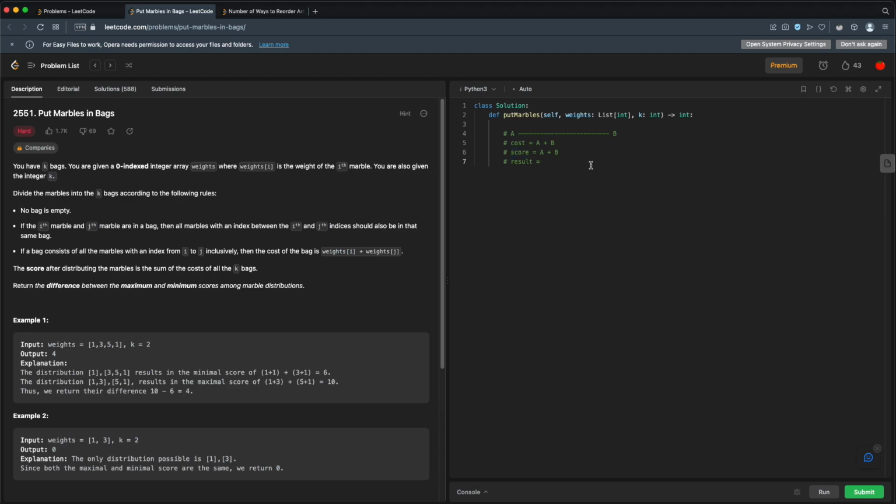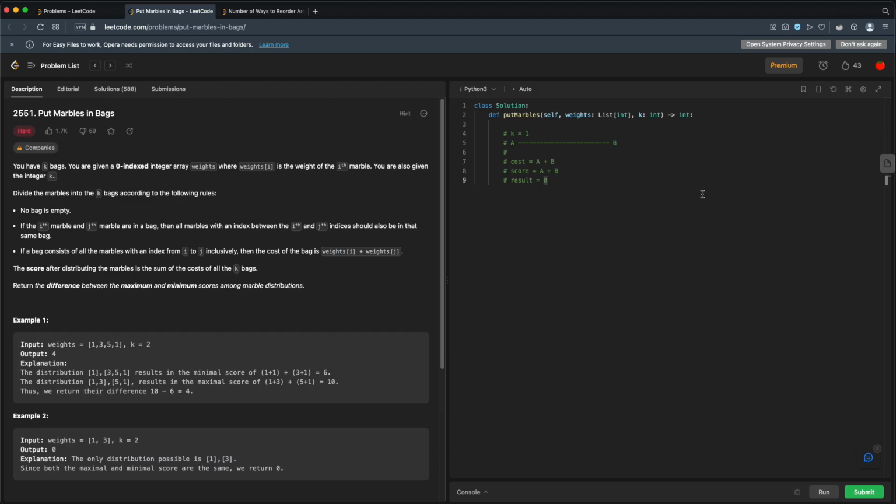So our result in this case is 0. Okay, so that's the simplest version of this problem. We have any number of elements, but we only have one bag. So k is equal to 1. All right, that's pretty straightforward.